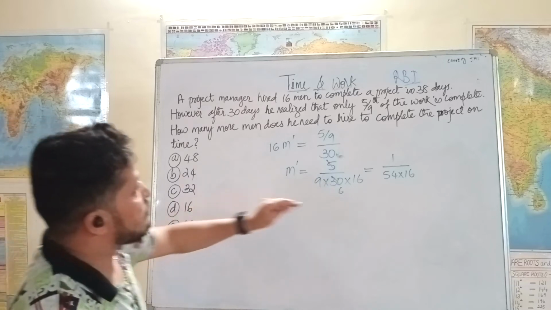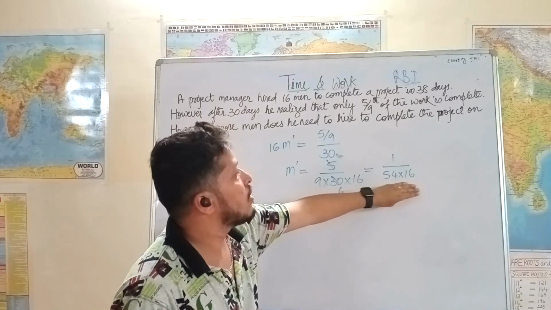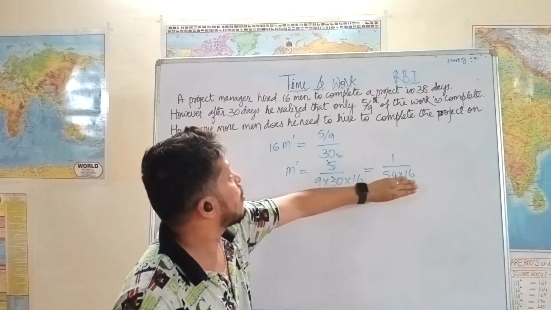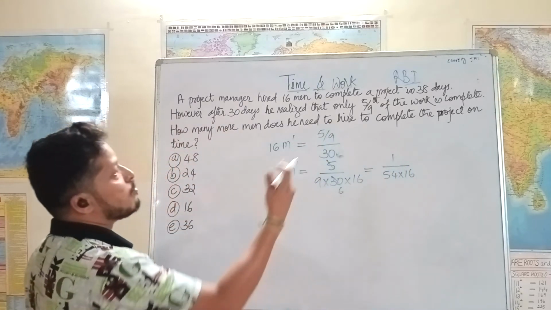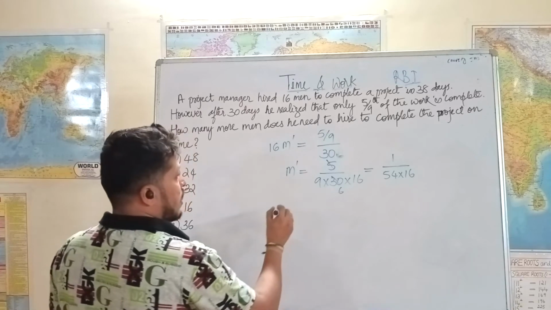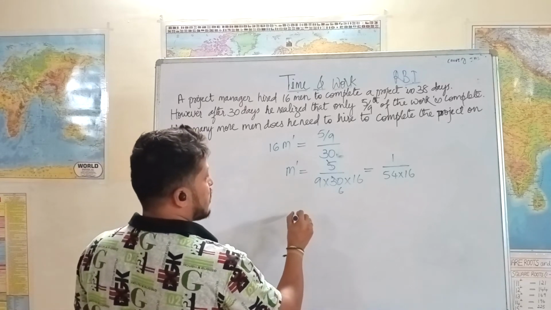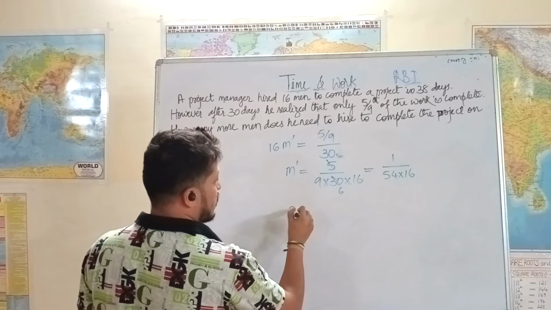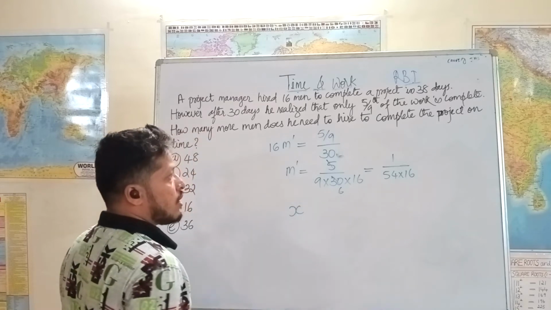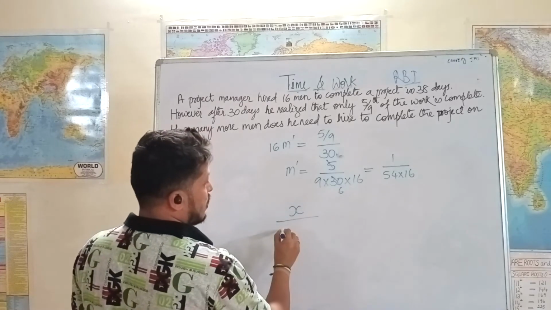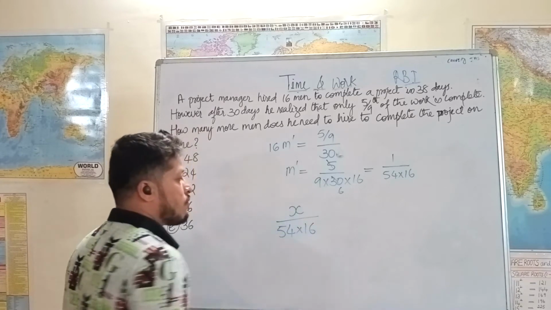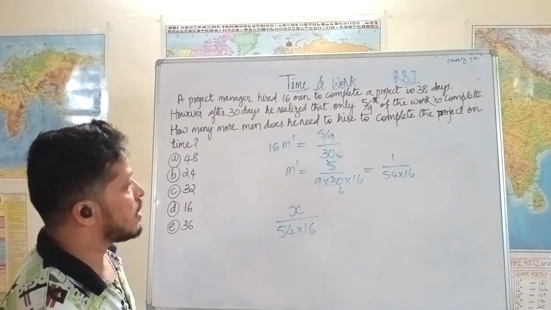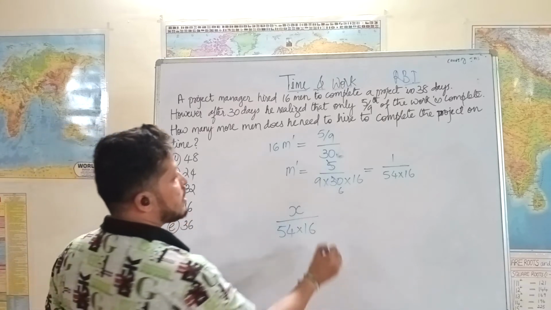Now with this efficiency, let's see how many men are required to complete the remaining work. Let's say he uses X number of people to complete that work, X men with the efficiency of 1 by 54 into 60. What is the remaining work?